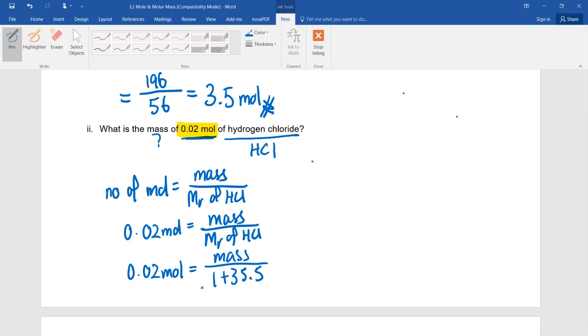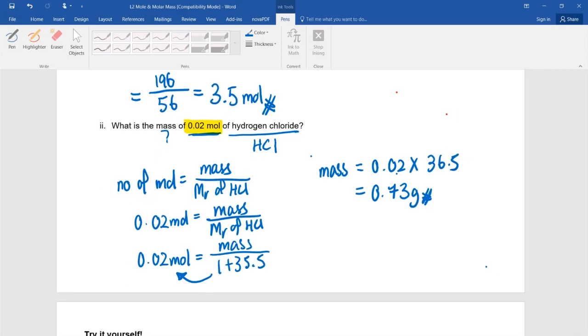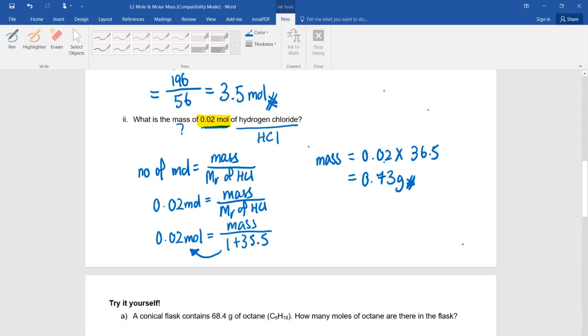And with a bit of manipulation of the equation, shifting this value up over here, you actually end up finding the mass is equivalent to 0.02 multiplied by 36.5. It actually gives you a mass of 0.73 grams.